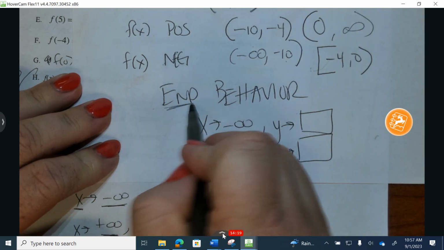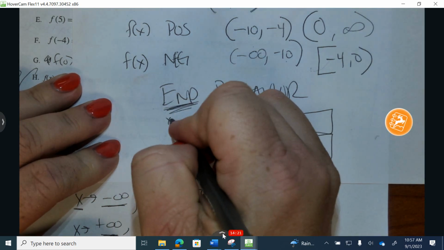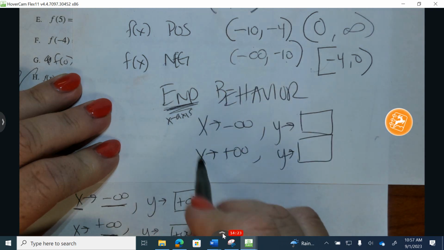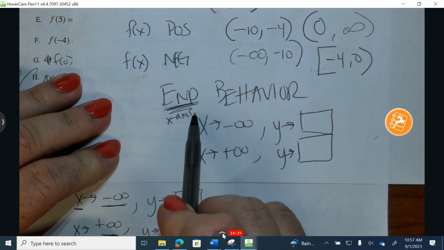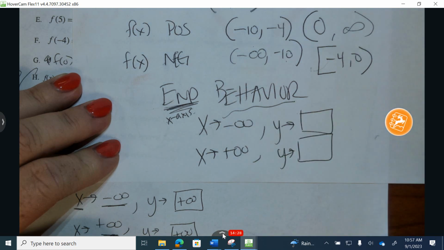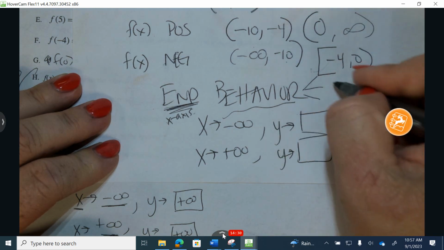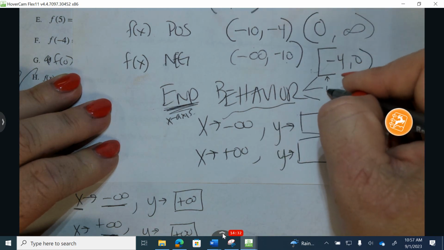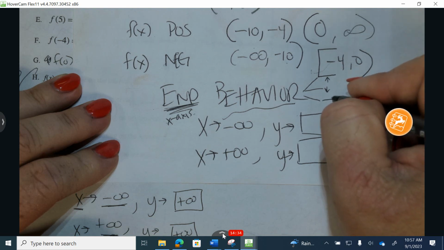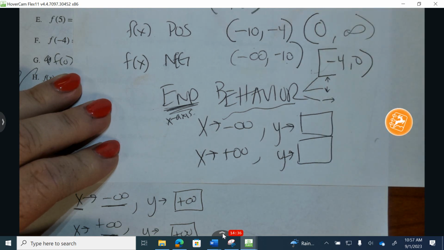They're saying go to the very ends of the graph, and they're referring to the x's. Go to the ends of the x-axis and tell me the behavior. Tell me what's happening. And one of three things is going to happen. It's going to be going up, going down, or it's going to be staying flat on some y value.